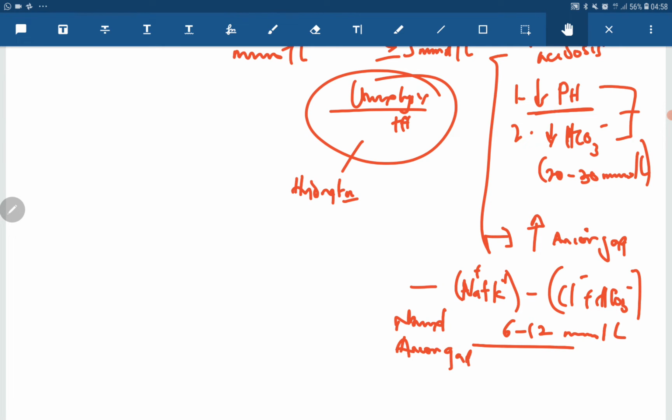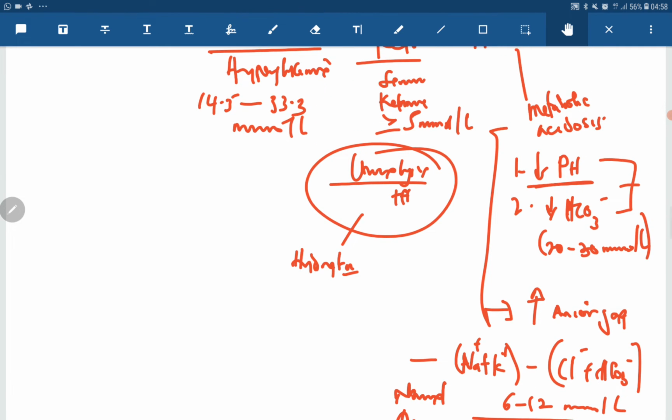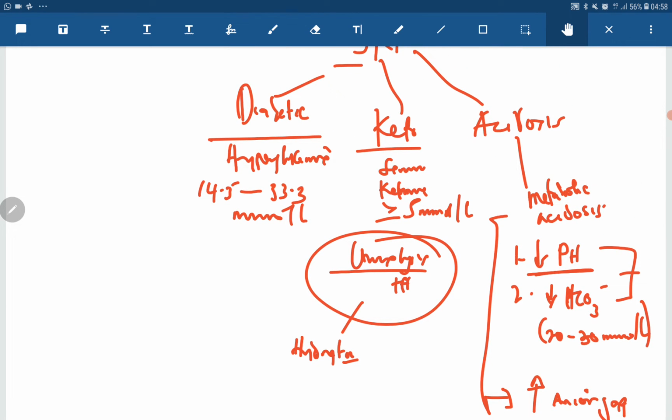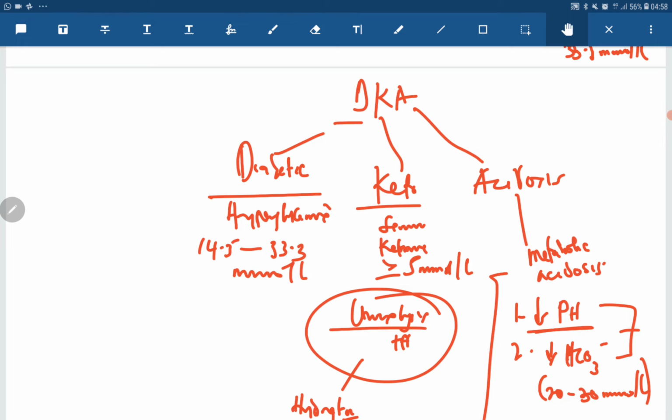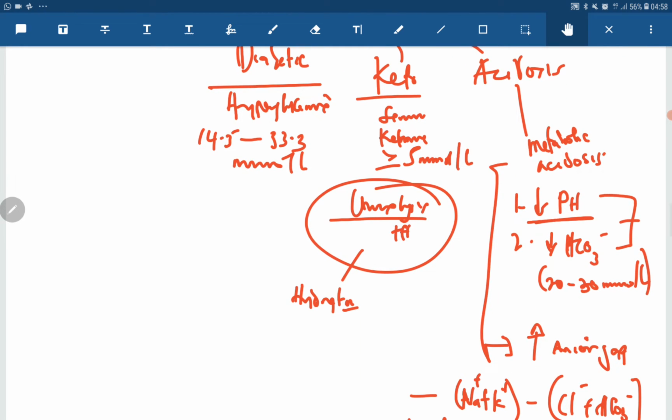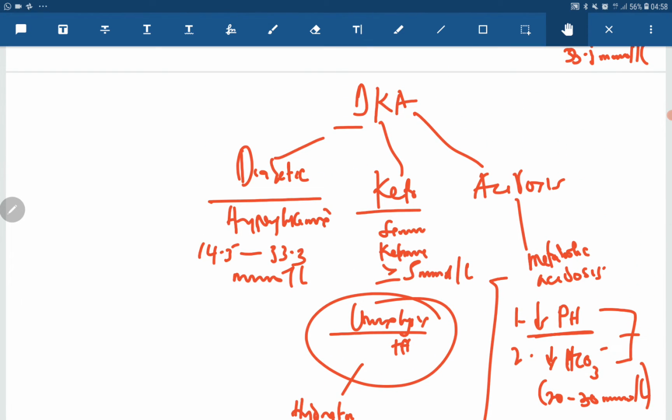But in a patient with diabetic ketoacidosis, they have a high anion gap. You can also know the cause of high anion gap, cause of normal anion gap acidosis, and cause of high anion gap acidosis. These are what you look out for to make a diagnosis of diabetic ketoacidosis.